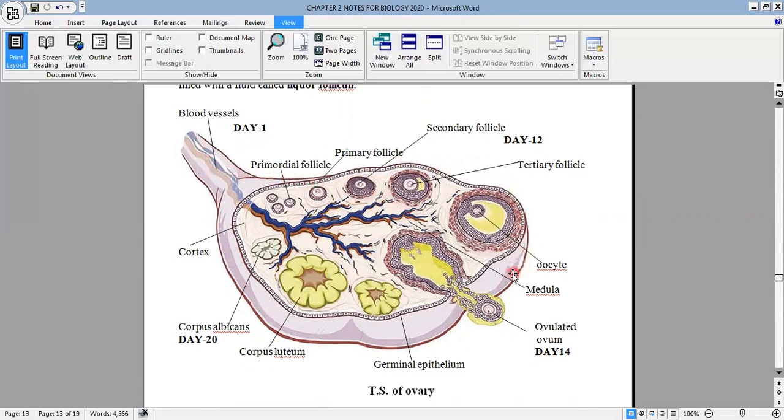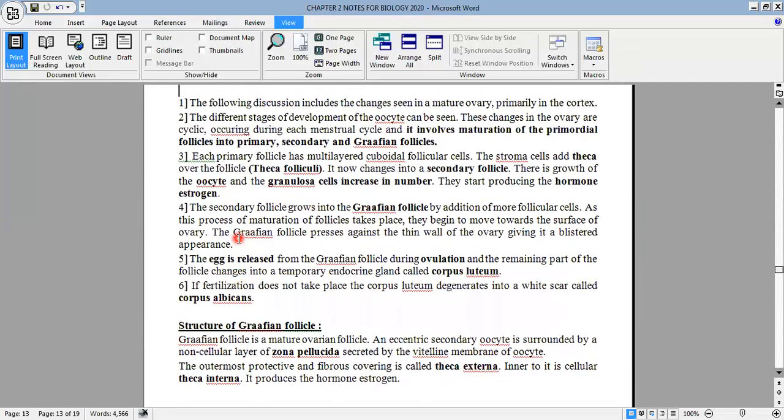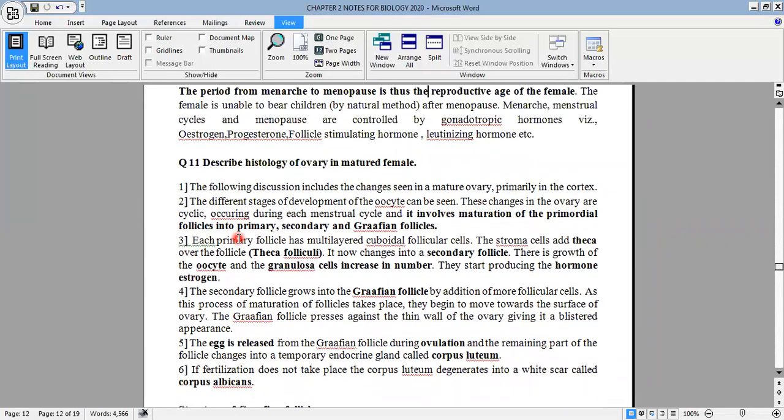This outer layer in the ovary is also known as tunica albuginea. Albuginea layer is further followed by a layer of germinal epithelium. The following discussion includes the changes seen in the matured ovary, primarily in the cortex, because we know that medulla region shows blood vessels, lymph vessels, and nerves.